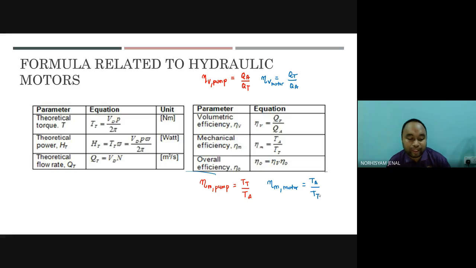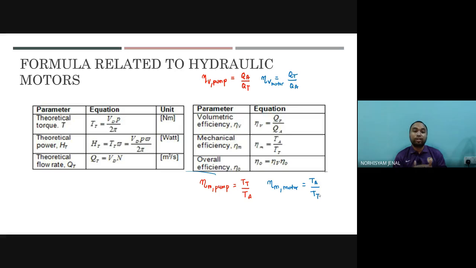Okay, how do you know whether your equation is correct or not? There's one way to know it. If percentage awak melebihi 100%, itu tak logik. Why? Because the percentage must be below 100%. If the percentage is more than 100% in terms of mechanical and volumetric efficiency, it means you are doing it the other way around.